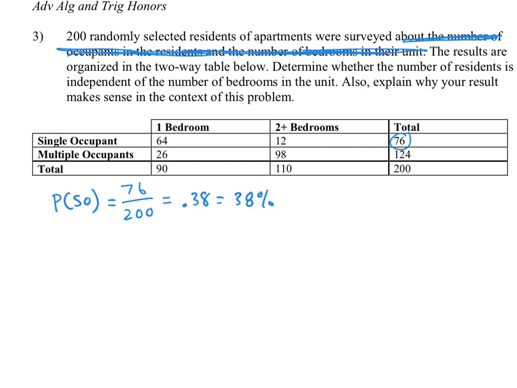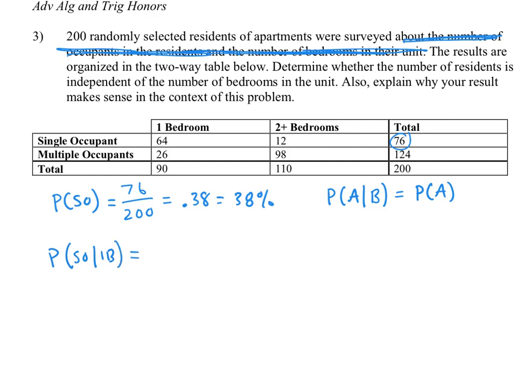Now we saw earlier that if A and B are independent events, then the probability of A happening, given that B has happened, is the same as the probability of A happening, because it doesn't matter if B happens, they are independent. So let's check that with this scenario. We have found the probability that a unit has a single occupant. Now let's find the probability that a unit has a single occupant, given that it's a 1-bedroom apartment.